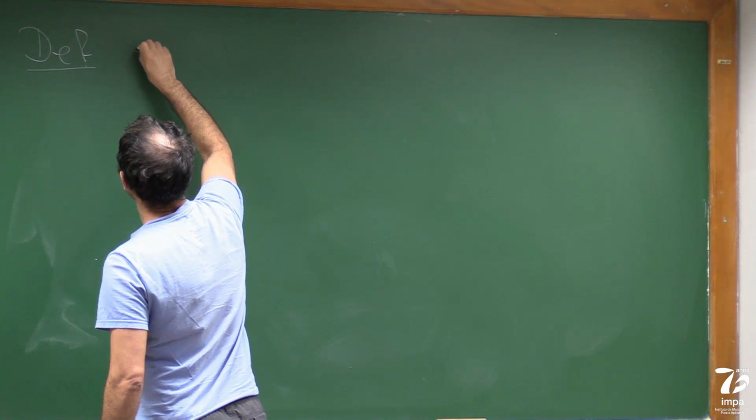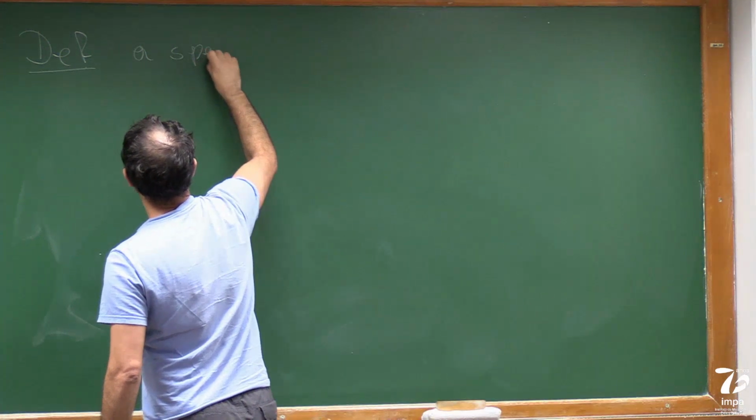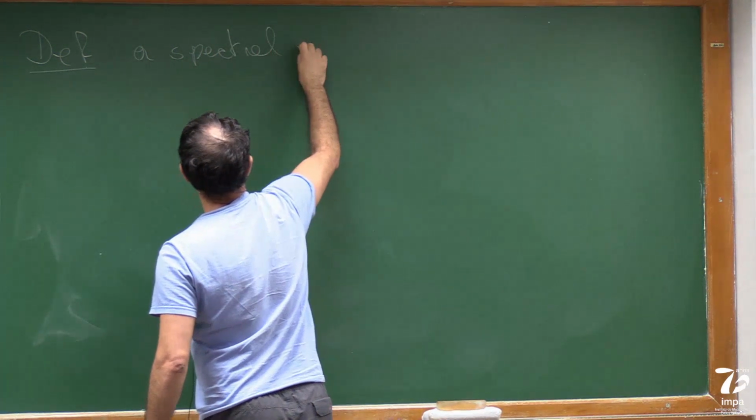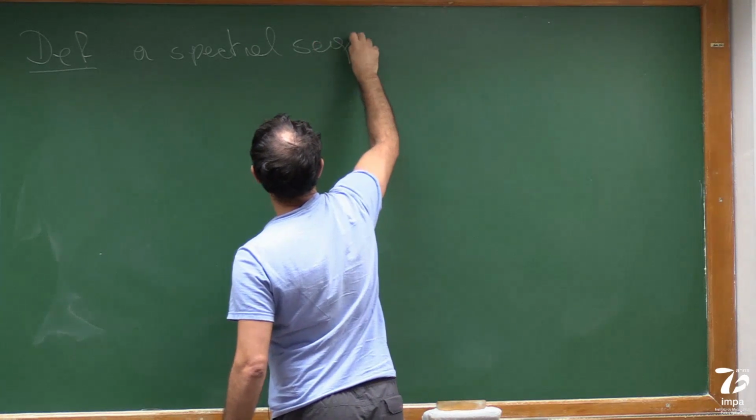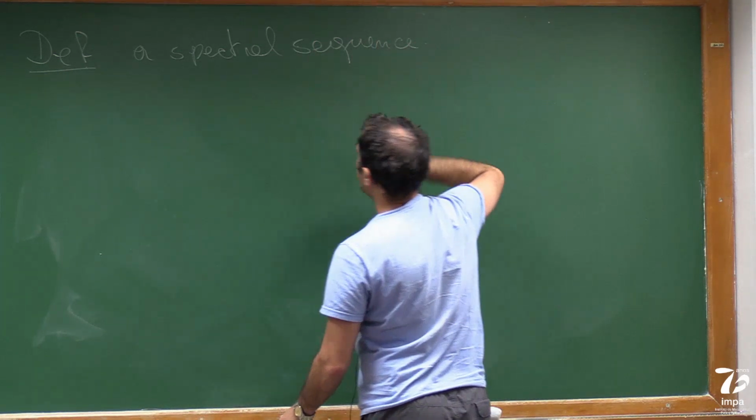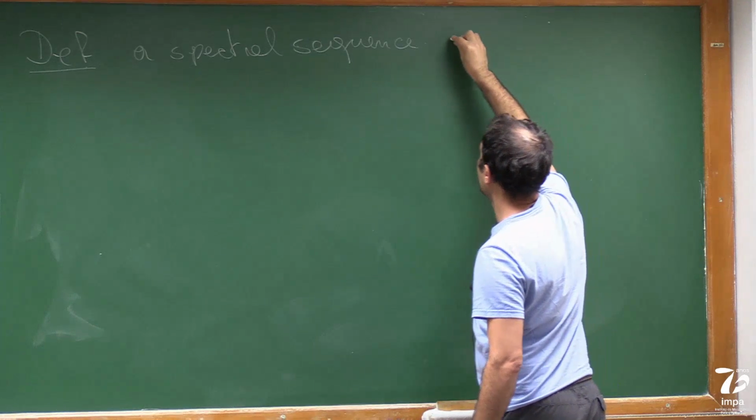So a spectral sequence is a lot of data. It's the following data.